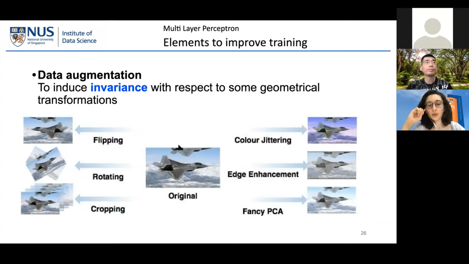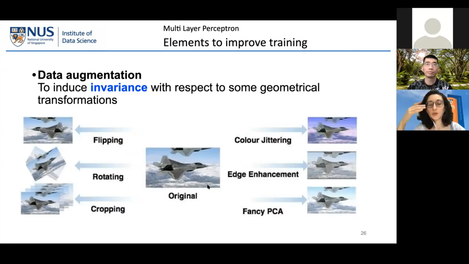And you want your model to be able to detect whether there is a plane or not. Basically, if you flip the image, it's still a plane. It's still a possible image. I mean, you would like your model to be able to classify it as a plane, even though it has only seen planes going in this direction.